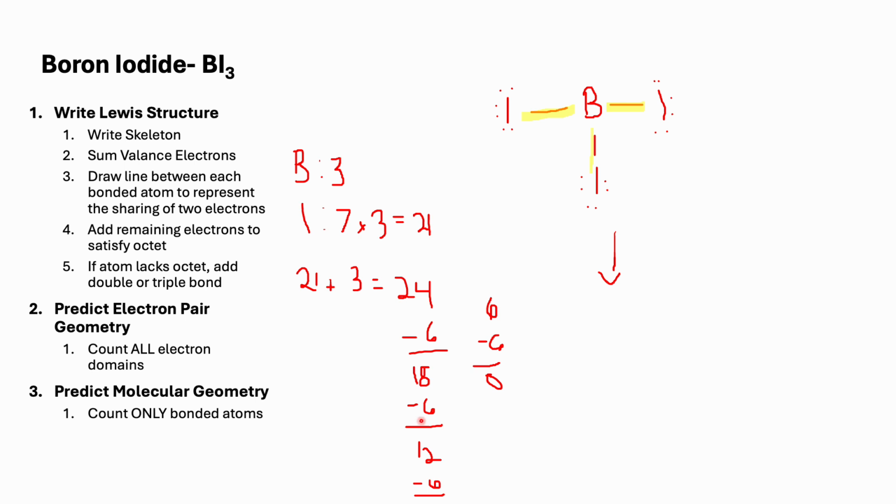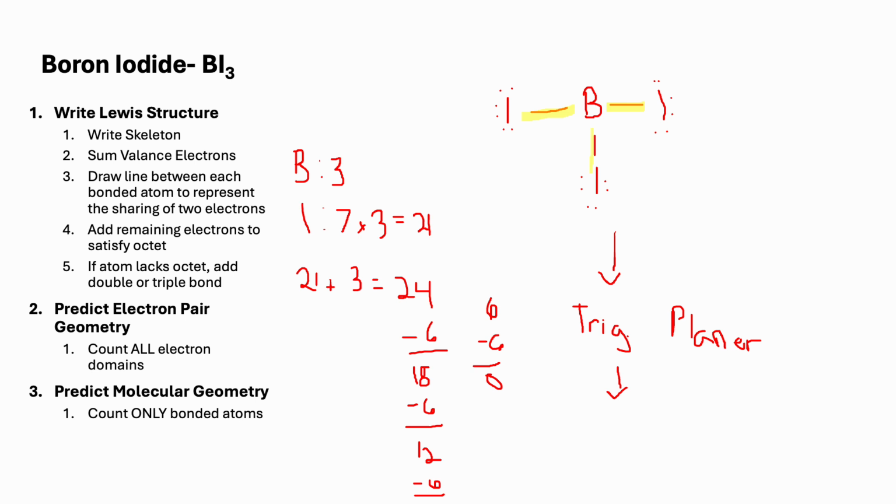So with 3 electron domains, it is going to be a trigonal planar. I promise I write a lot better in real life, but not by much. Okay, so that's a trigonal planar.